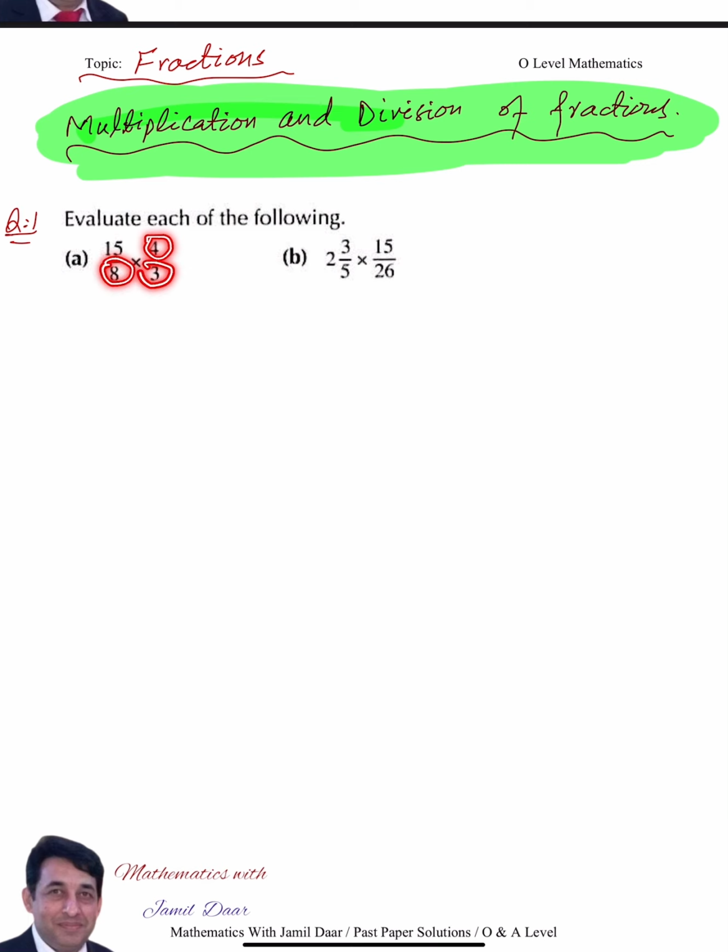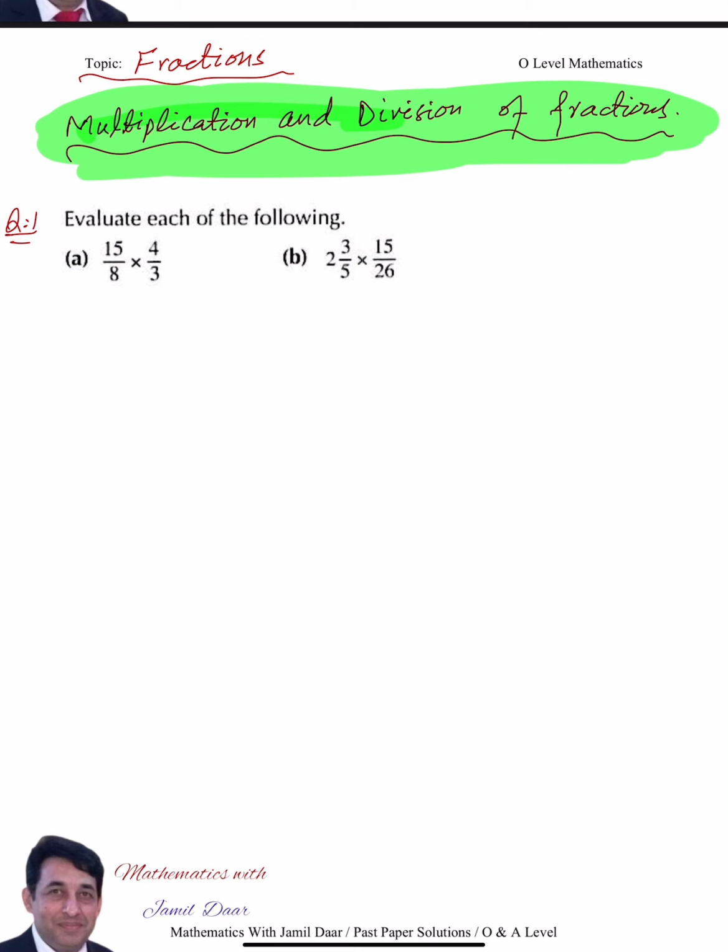When you divide 4 by 8, if it is not completely divisible, it can be cancelled. 4 ones are 4, 4 twos are 8. This is why any numerator can be cancelled by any denominator in multiplication.